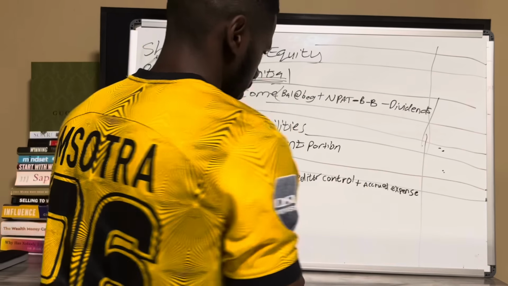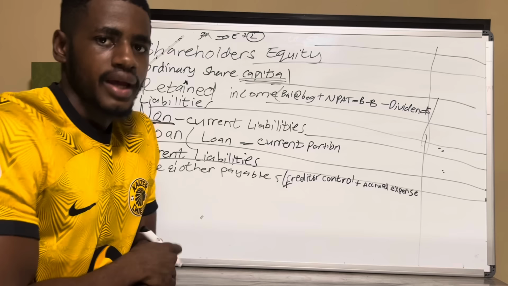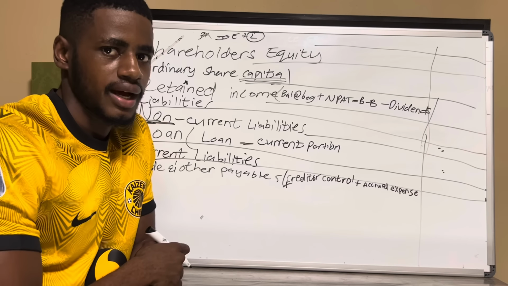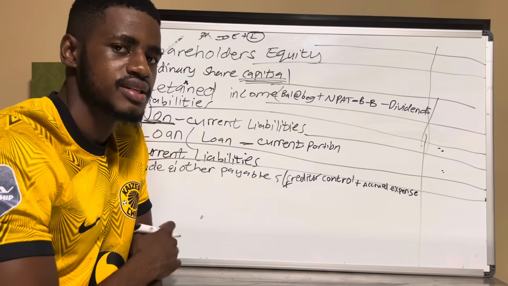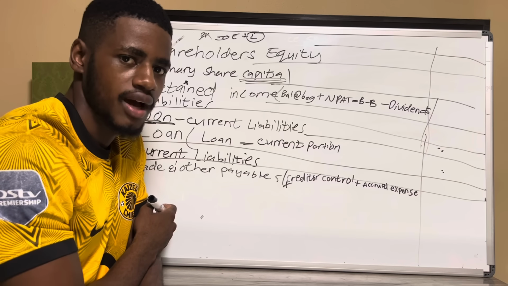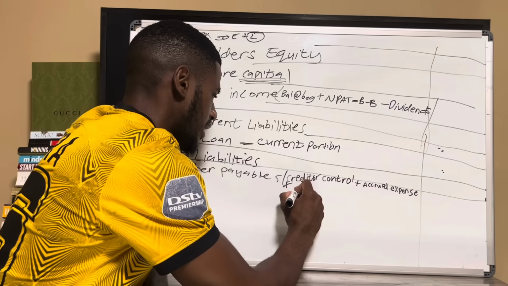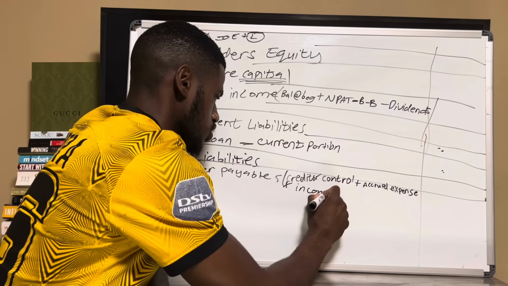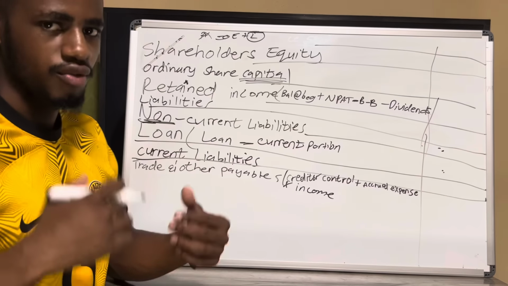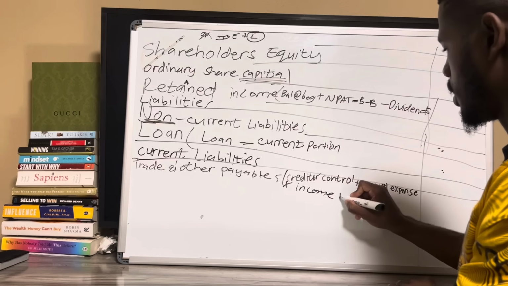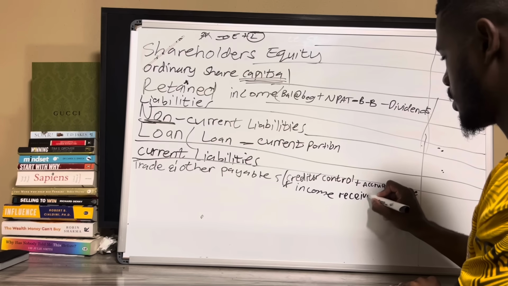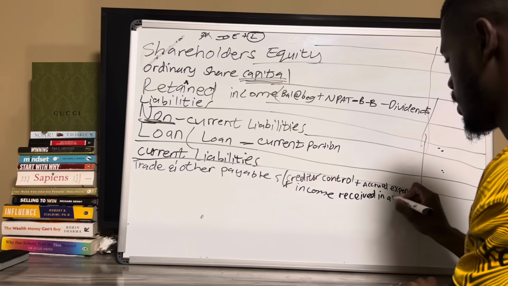Then we also add, what do we add in terms of our income? Is it prepaid? Is it income received in advance? Or is it accrued income? We are going to be adding income received in advance, because remember, we said if we receive something before it was due, we need to give them back. So we need to add income received in advance.